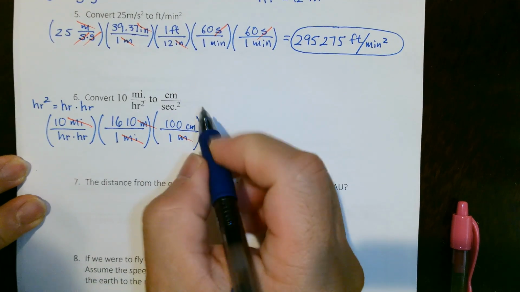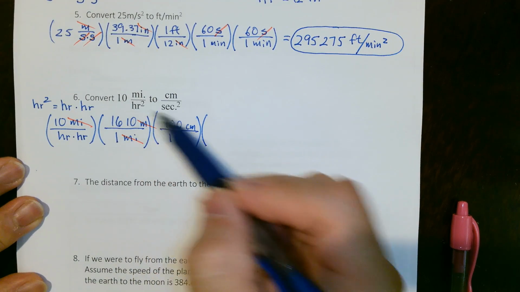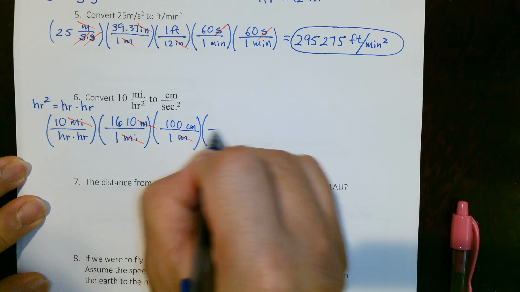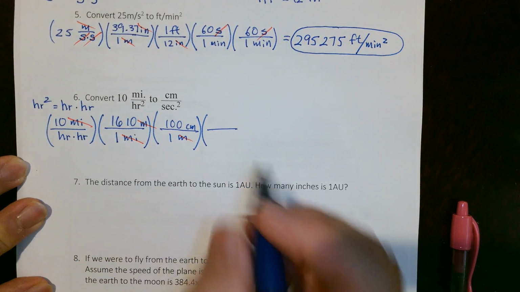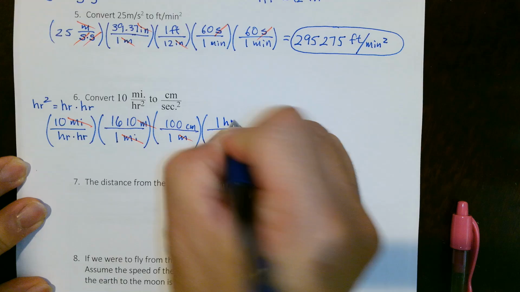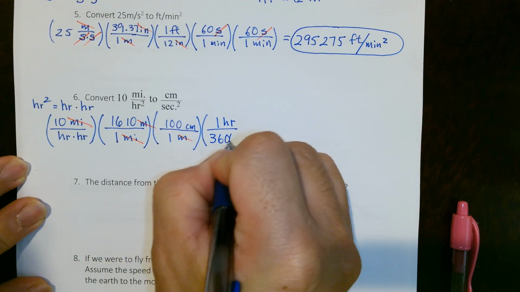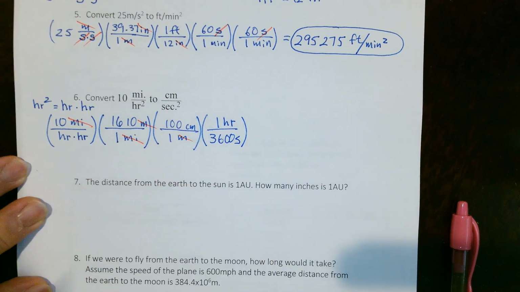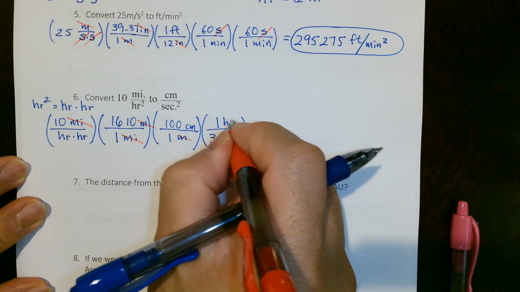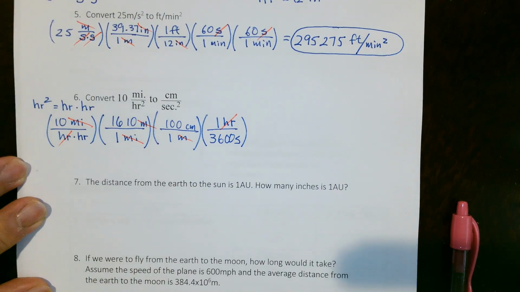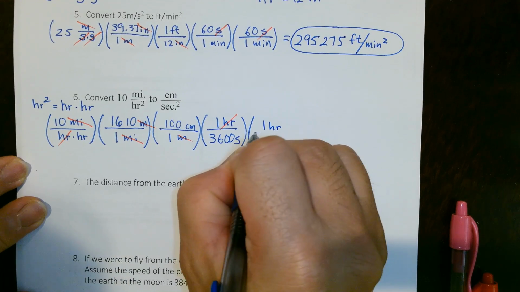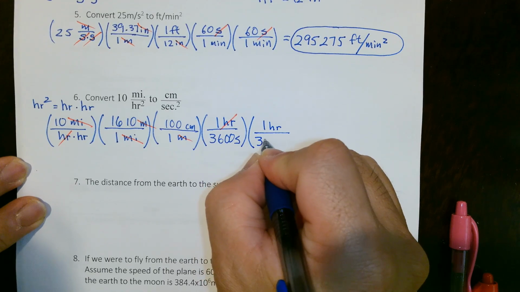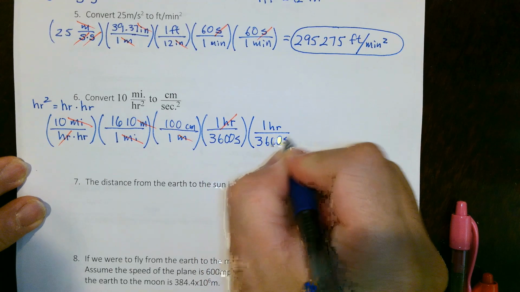Then we have to change our hours squared into seconds squared. I'm going to skip the in-between minutes part and just go directly from hours to seconds. So 1 hour is equal to 3,600 seconds. That would cancel out one of the hours, so we have to do it again. So 1 hour per 3,600 seconds.